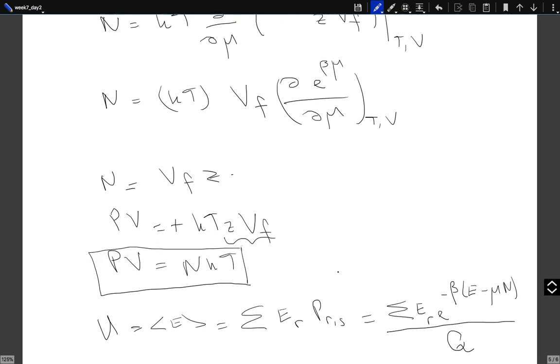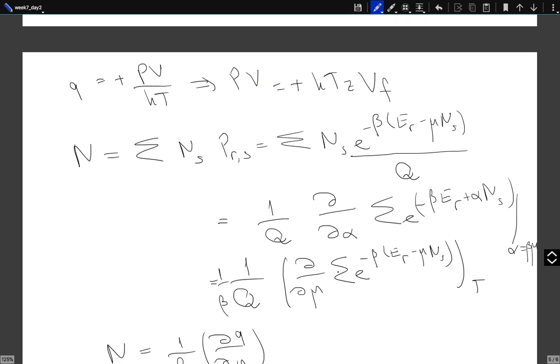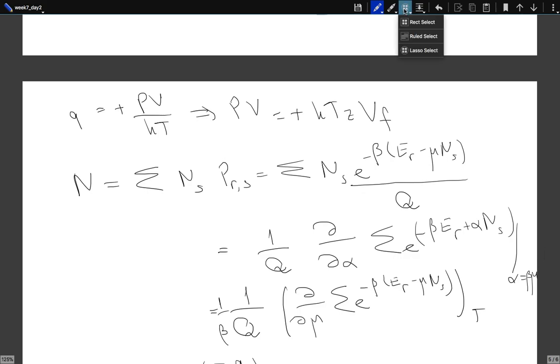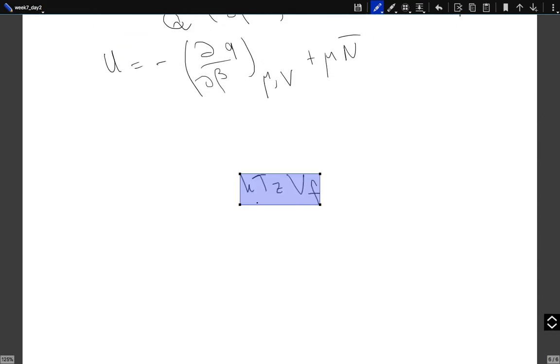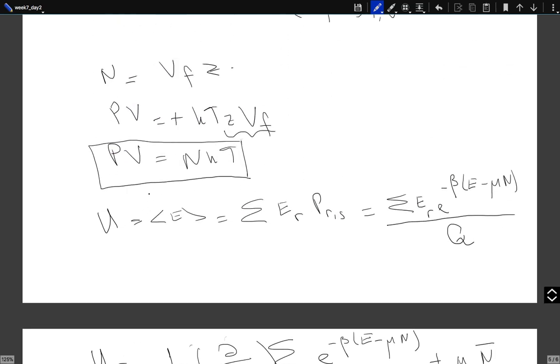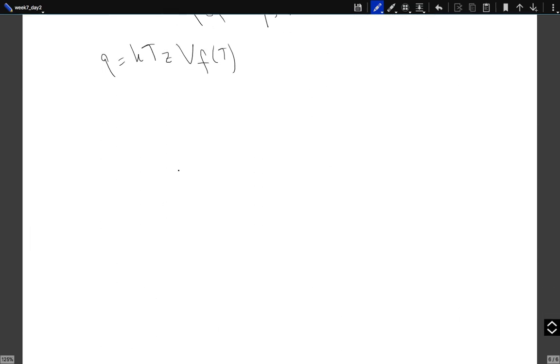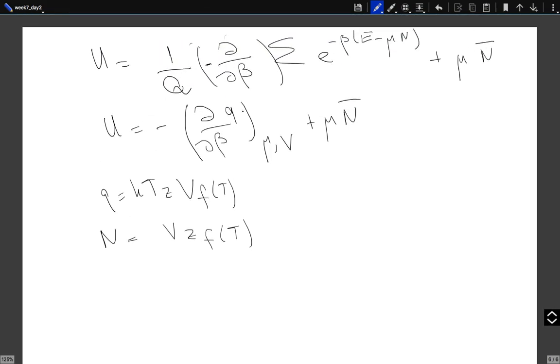Now let's use what Q was. You see, this is our Q. And we had also calculated the number of particles, VZF of T. So let's calculate the derivative of Q with respect to beta.